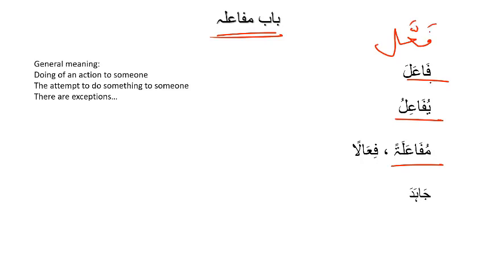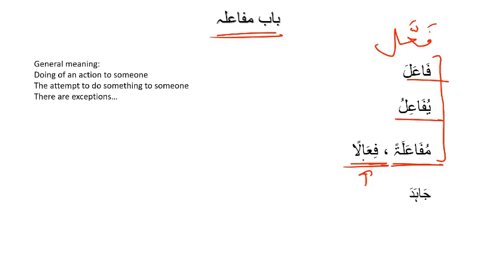Now we have an alif. Fa'ala, yufa'ilu. And then the masdar is either mufa'alatan or fi'alan. Even though when we just say it, we say fa'ala yufa'ilu mufa'alatan, for most verbs here, the name will be in this form, fi'alan, and we'll see that shortly.